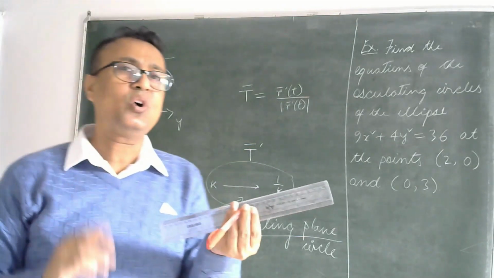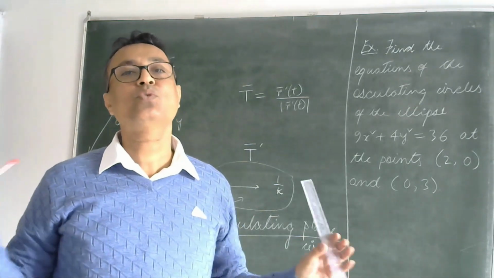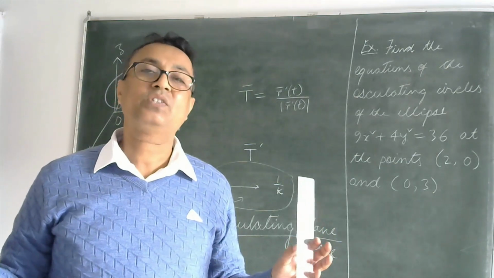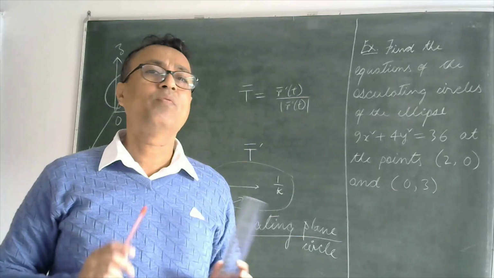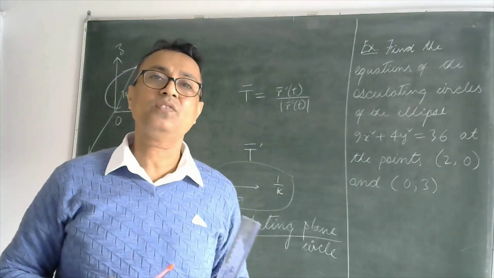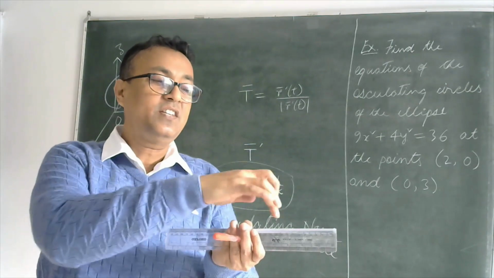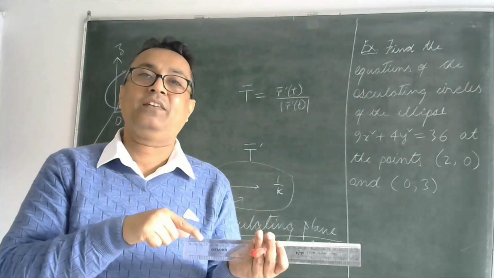Now consider these two vectors, the tangent vector and the normal vector, independently. Obviously they have different directions, so they can define a plane.